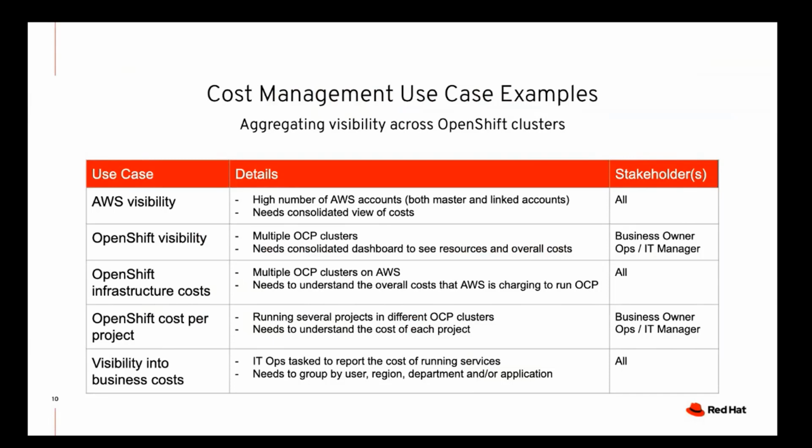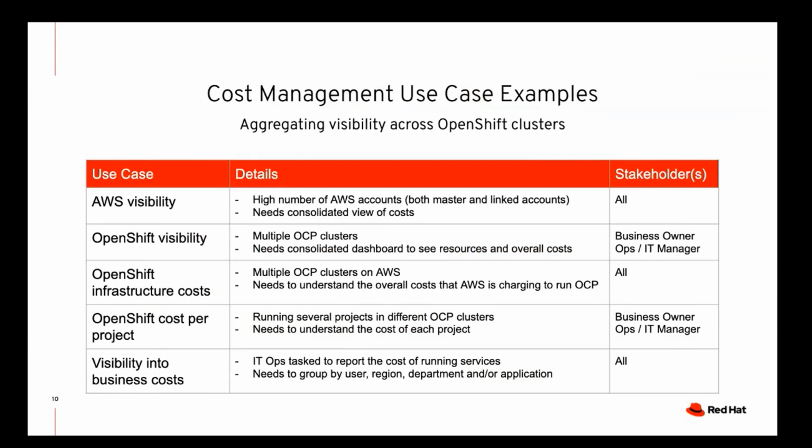So the first thing you need, if you want to make sure that your costs are under control, is a way of looking at all that information in a single place. So we have customers with more than 200, 300 accounts in Amazon or in Azure. We have customers internally that have up to 2,000 Amazon accounts. Yes, being able to make sense of all of that is a challenge.